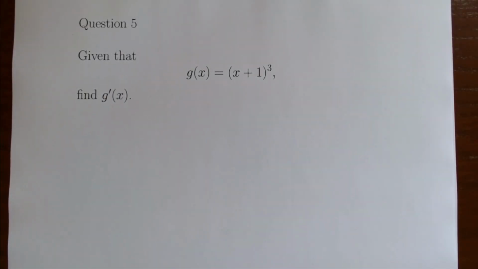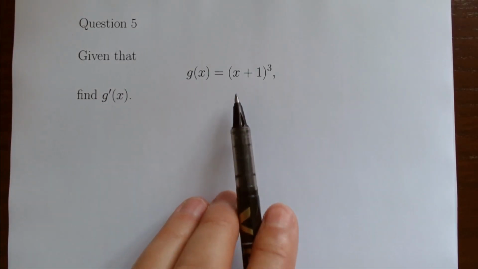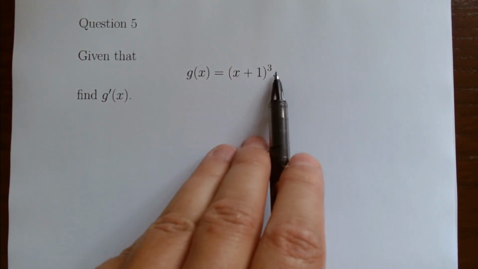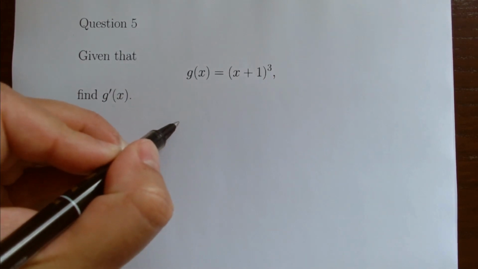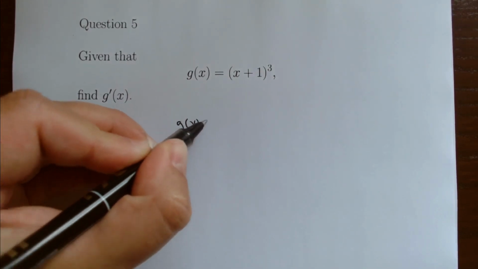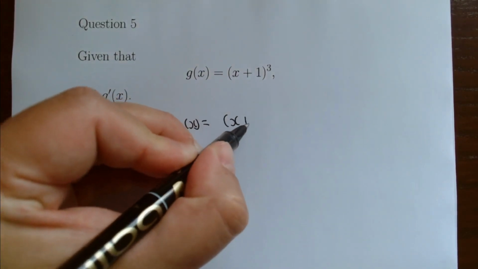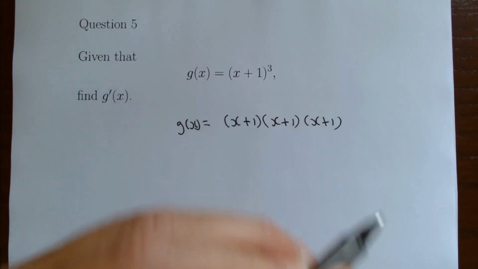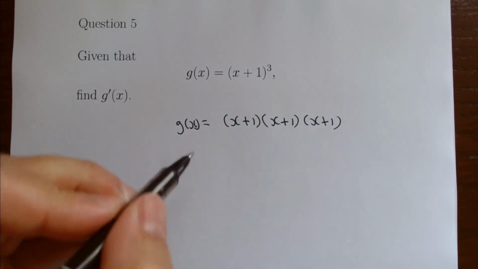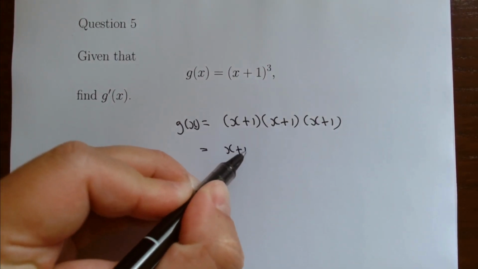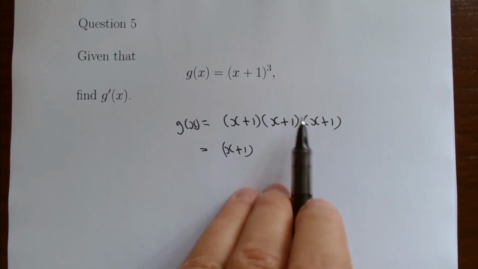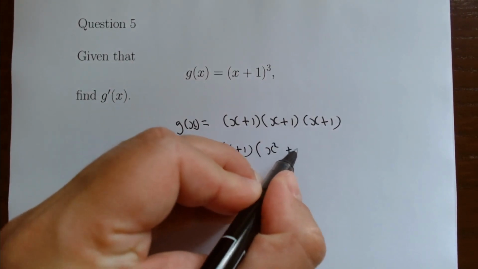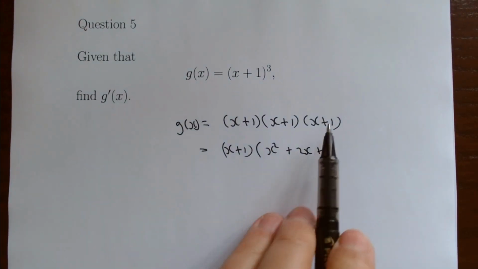So question number 5, we're given that g of x is x plus 1 all cubed, and we begin by expanding the triple bracket. So I'll first write out the 3 brackets, and then I'll expand the second 2. So you get x squared plus 2x plus 1 when you expand that.